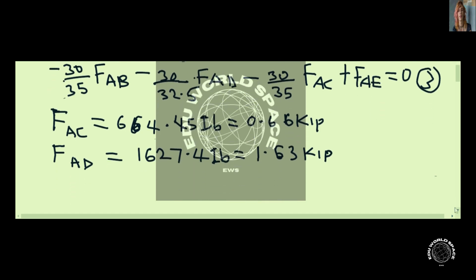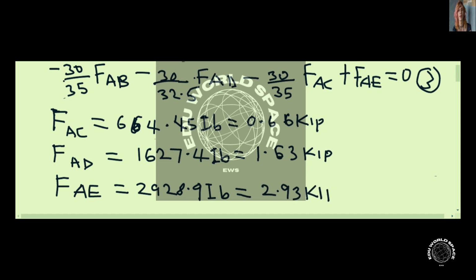And of course, we'll get the force produced along AE to be equal to 2928.9 lb, which is equal to 2.9393 kip. So, something like that.